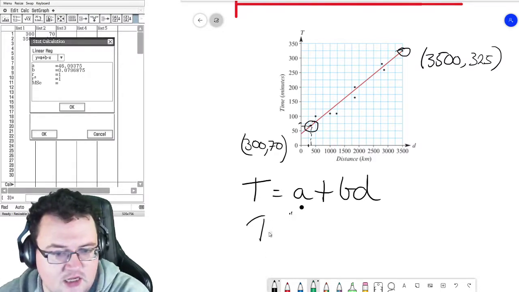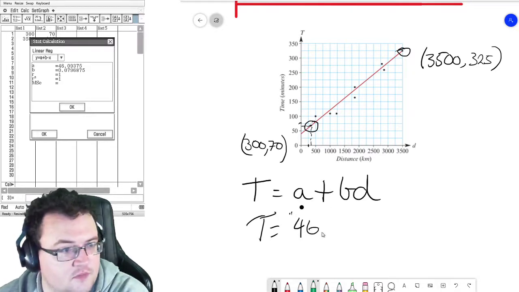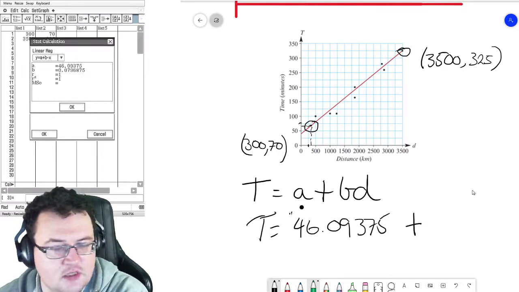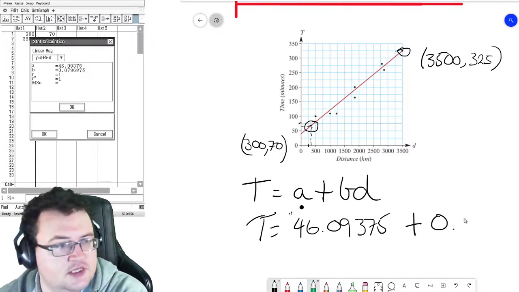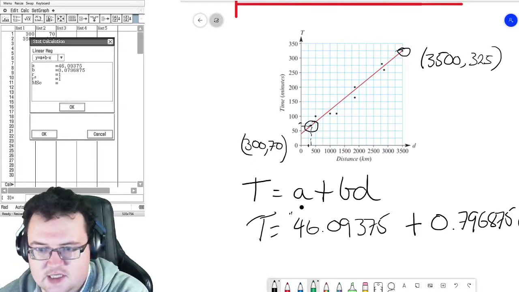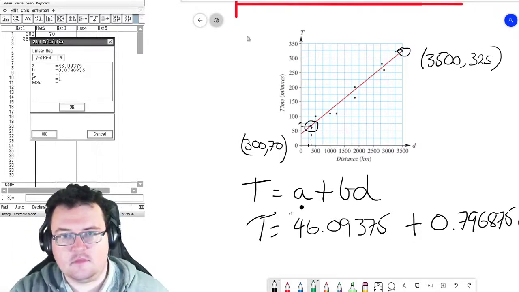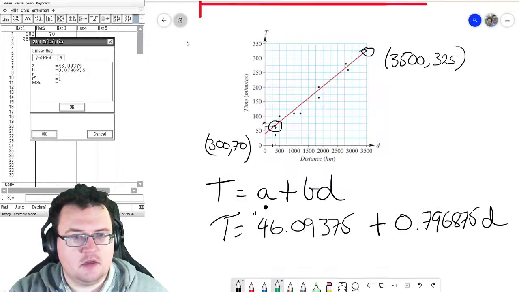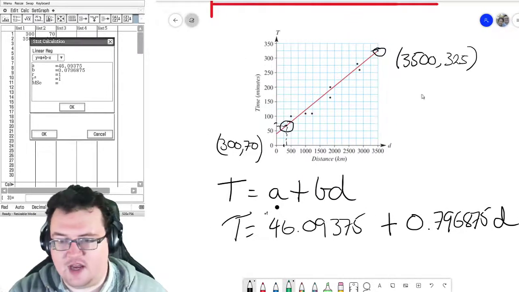So T is going to be equal to 46.09375 plus 0.796875D. All right, so we have that now.